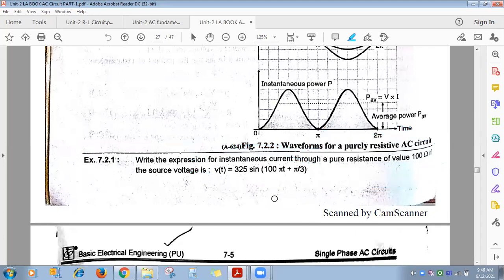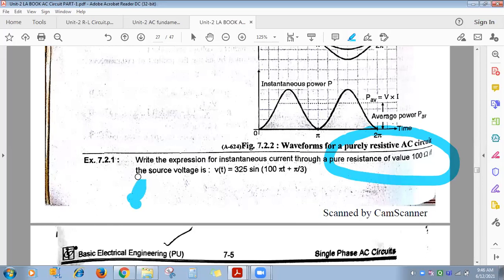Now here it's a purely resistive load. Across it, whenever you apply sinusoidal AC voltage, is there any phase difference between voltage and current? What we learn? No phase difference between voltage and current. So if the voltage equation is V of t Vm sine of omega t, the current equation is I of t Im sine of omega t. But here the voltage equation is Vm sine of omega t plus pi by 3.